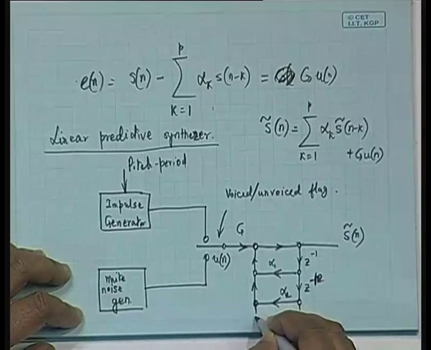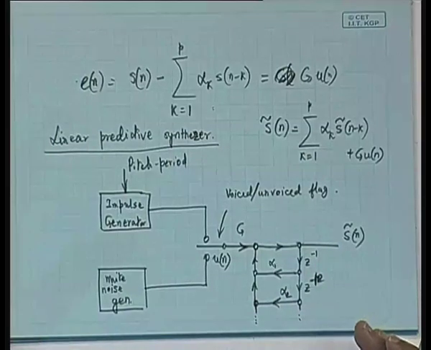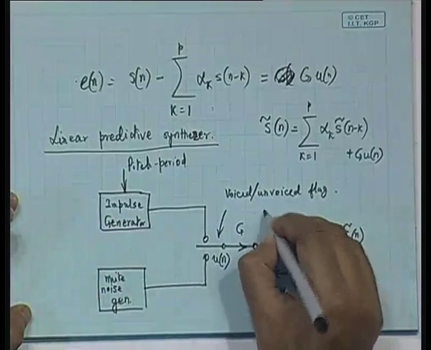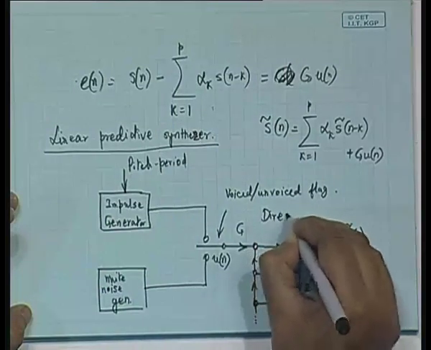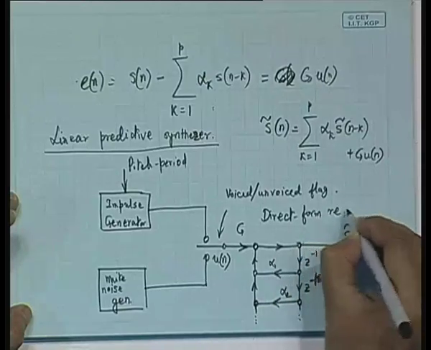I do not have the space to write down, so I hope you can follow this. All these z to the power minus 1 elements will follow one below the other, and that will give us what is called the direct form realization. So, this is nothing but a direct form realization of the filter.